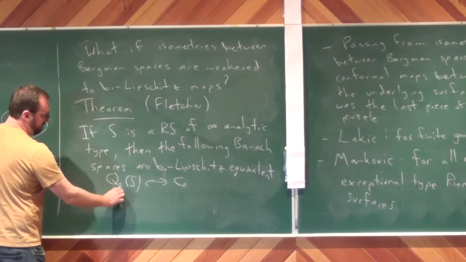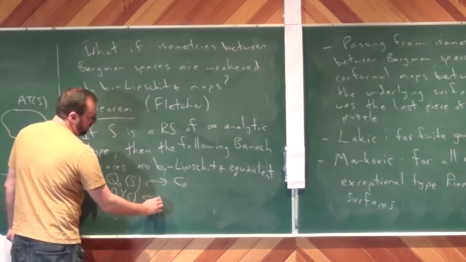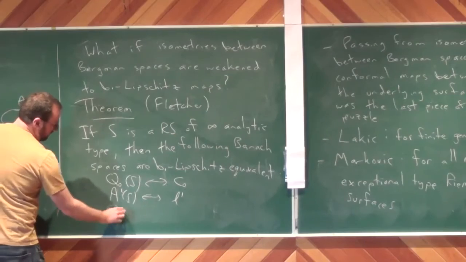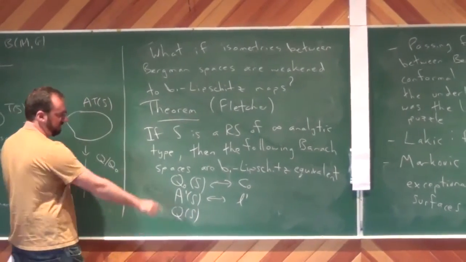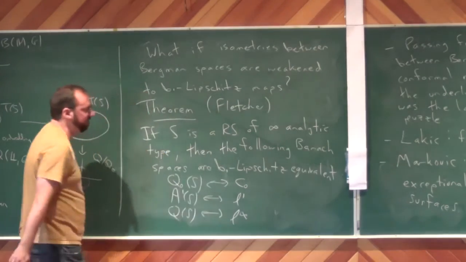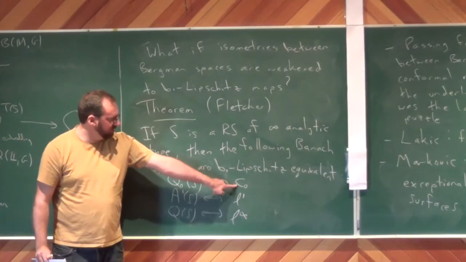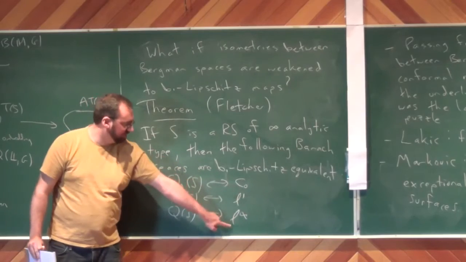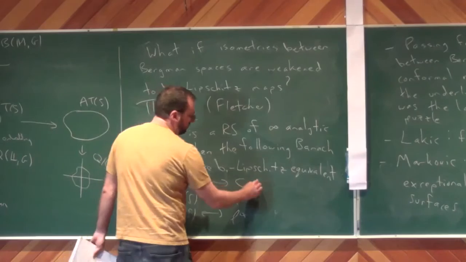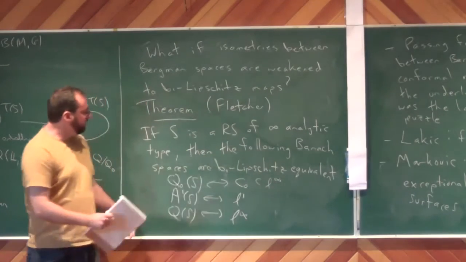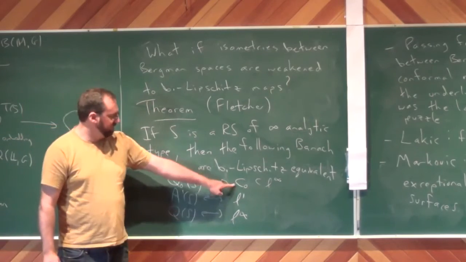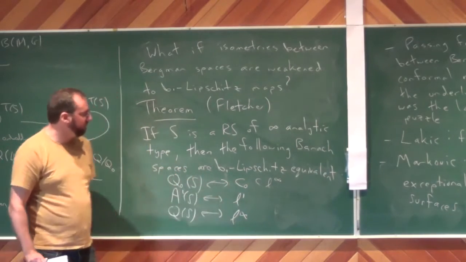There's a bi-Lipschitz map between the Bergman space and the sequence space l1, and there's a bi-Lipschitz map between the Q space and the sequence space l infinity. So c0 here, its double dual is this, so c0 sits inside l infinity, and those are the sequences that go to 0. And it's good that the Banach dual of this is this, and the Banach dual of this is that.